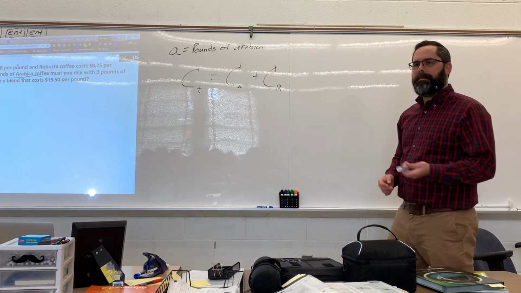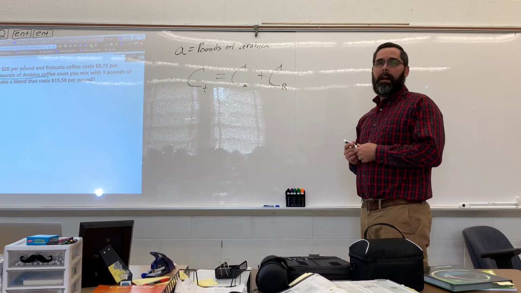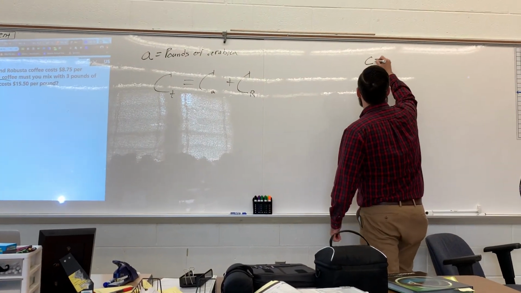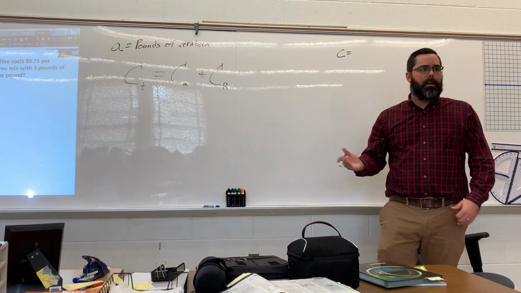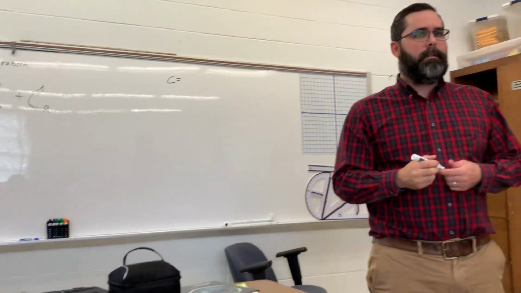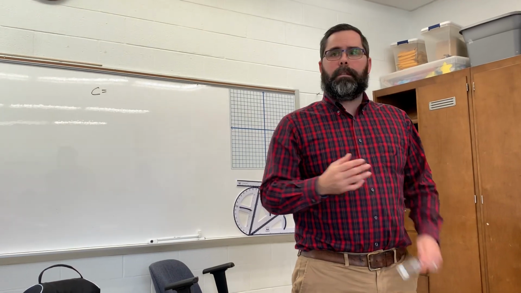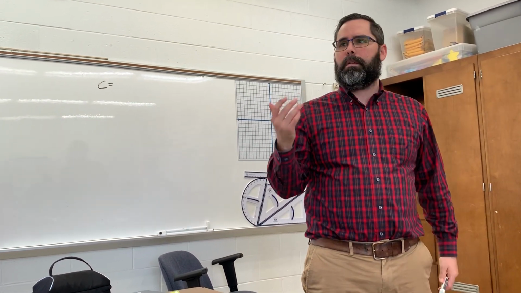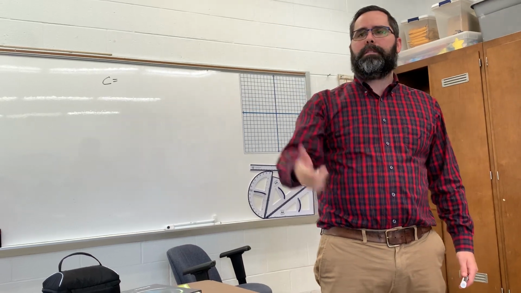Now, to find the cost of something like this, how do we find the cost? Cost is equal to what? So if you were going to go to the store and you bought some coffee beans, how do you know how much you're going to pay? It goes by pounds. So what calculation do you use?